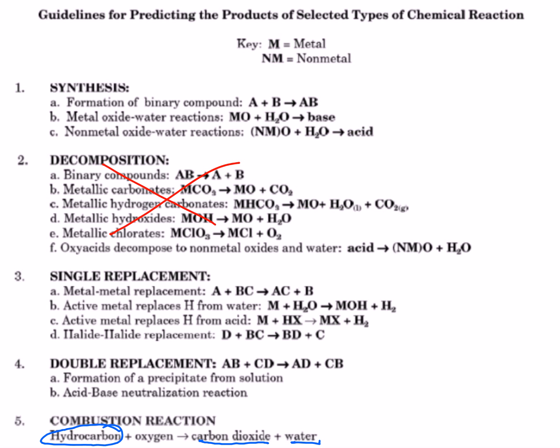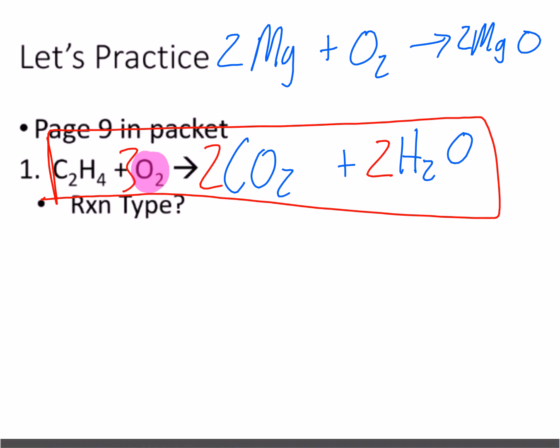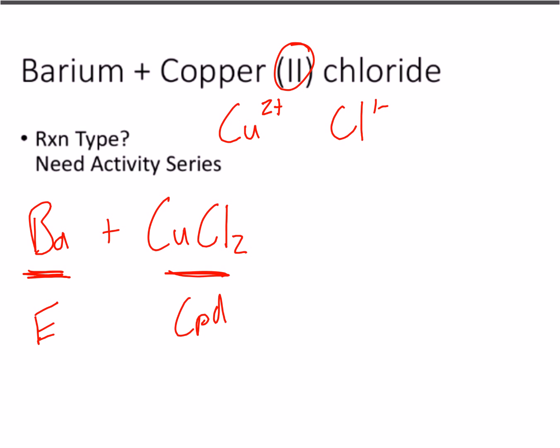Now, another way, guys, that you can think about it. When you see new elements in your reactants, you can assign them a letter. So I would say A for barium, it's the first one, plus B, C, right? B for copper, C for chlorine. And notice, guys, where there's a plus sign, that means they're separate, that's where you're adding those together.